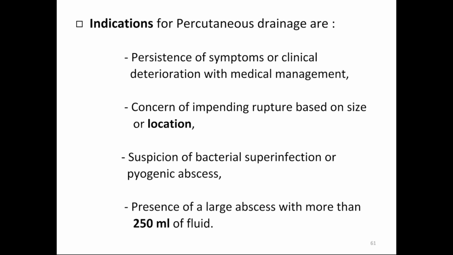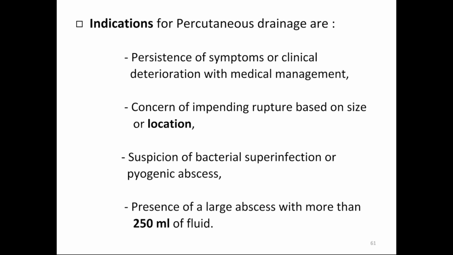Coming to the indications of percutaneous drainage, if you go for a radiological evaluation, you see the size of the abscess. Based on the size, you can assess whether it is going to rupture or not. If it is in an impending rupture state, you just drain the abscess percutaneously. Another important indication is when the abscess is large.